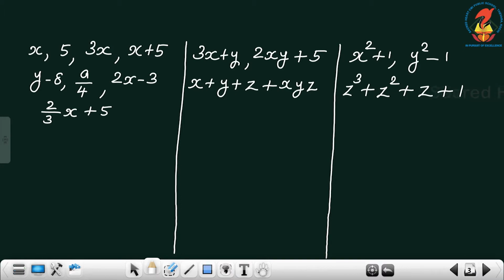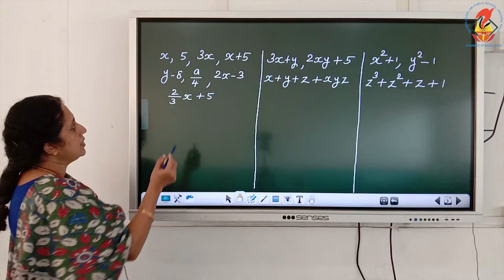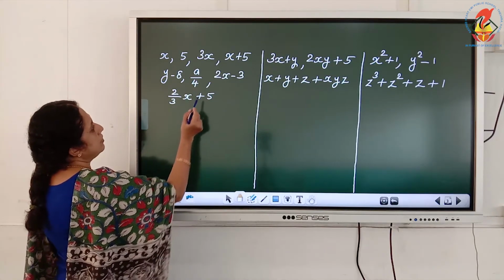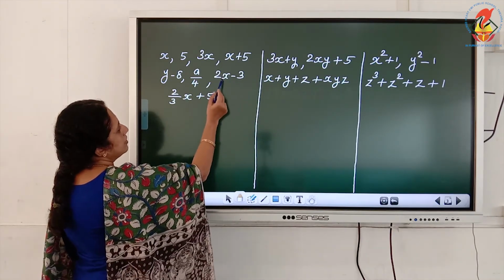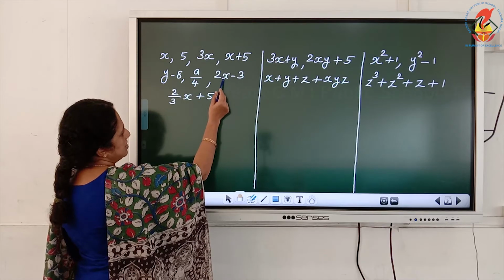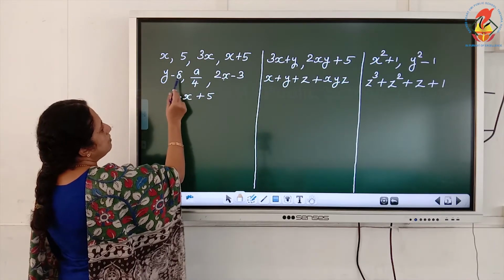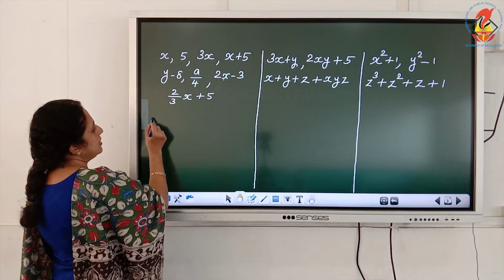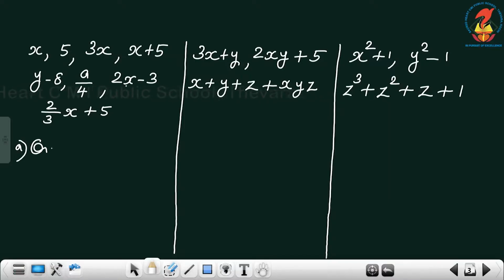All these are algebraic expressions. Now here you can see that there is only one variable. Take 2x minus 3. What is the variable here? x. Then y minus 8. What is the variable here? y. Therefore, in this set there is only one variable.